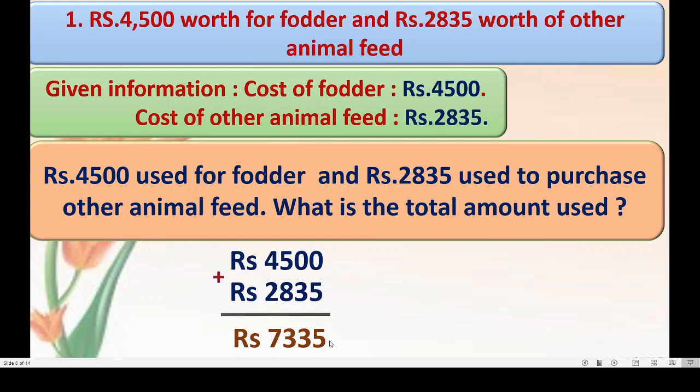This is our answer. Means what is the total amount used here? Rupees 7,335. Got this? Okay, same information we will use and we will make a subtraction sum.